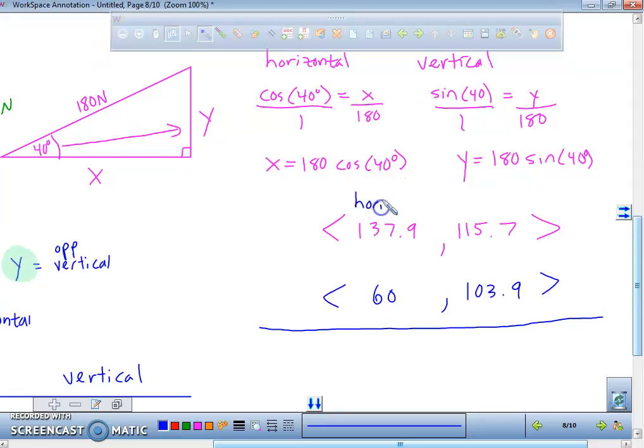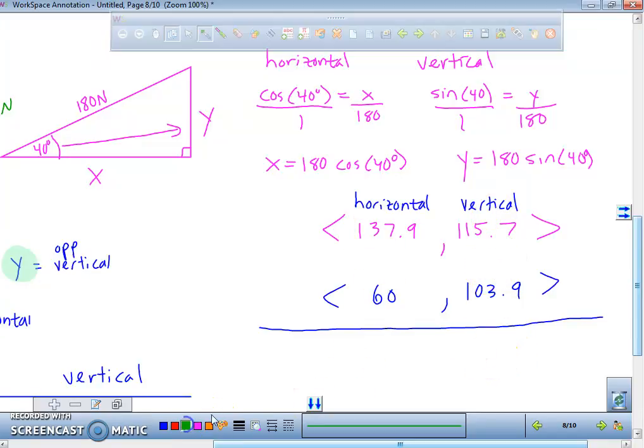Remember, this part represents the horizontal component. This part represents the vertical. So this column right here is the horizontal components of not just one vector. This is the horizontal components of two vectors. This is the vertical components for two vectors.